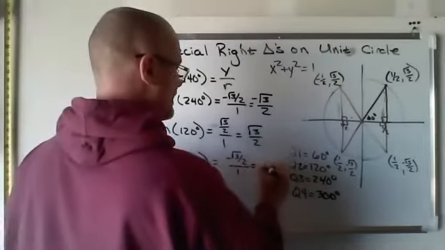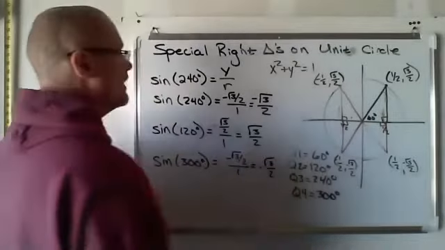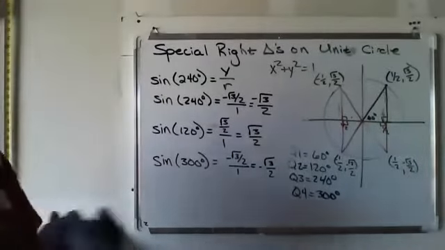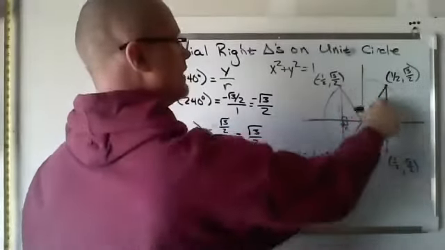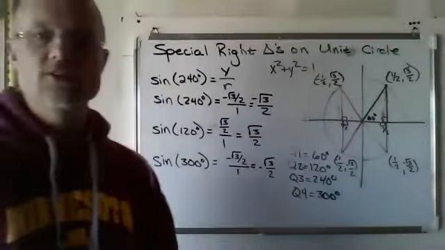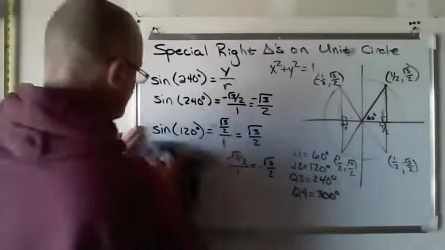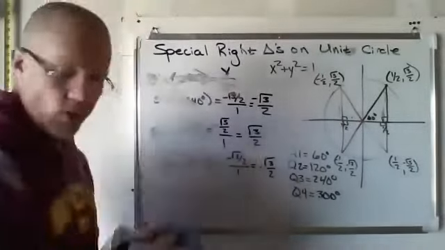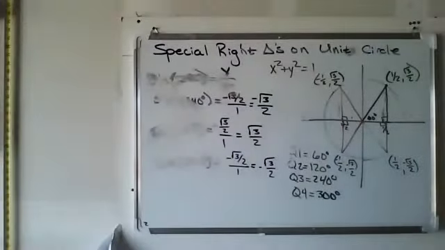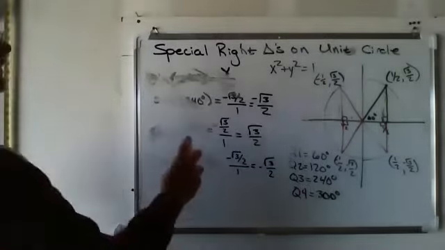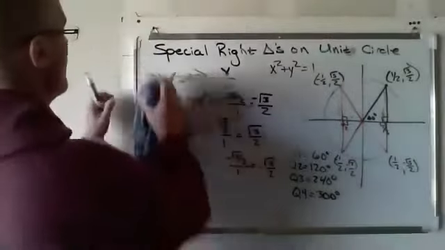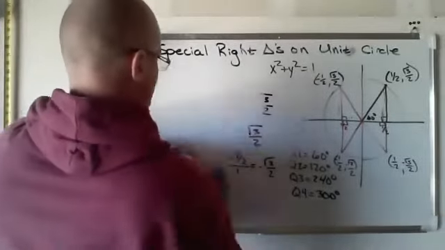So this is negative square root of 3 over 2. So by knowing the 60-degree triangle, we actually get 3 more pieces for sine and cosine. The reference angles, pushing those into the other quadrants, give us more information.